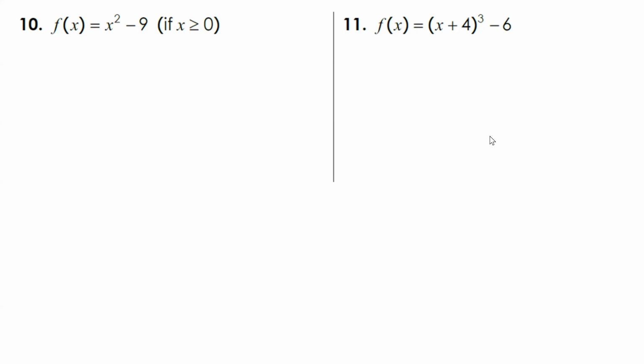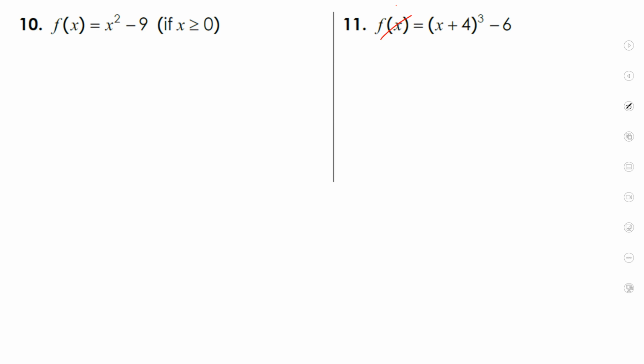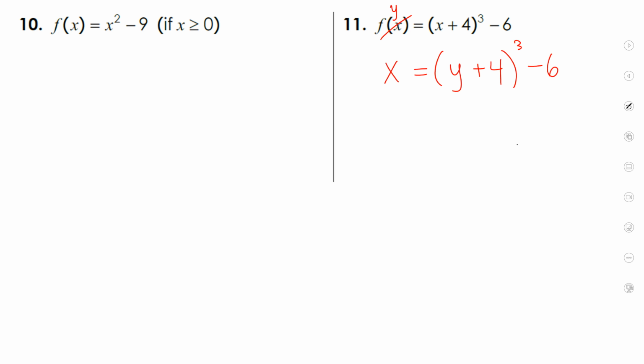Number 11. So I can think of this as y. So I'm going to have x equals, we switch the location of x and y, and then we solve for y. So first, the last thing we did over here was subtract a 6. So now I'm going to add 6. So I have x plus 6 equals y plus 4 cubed.